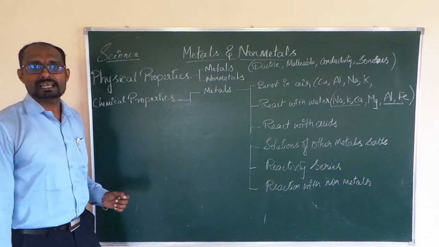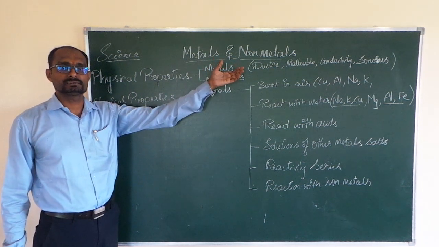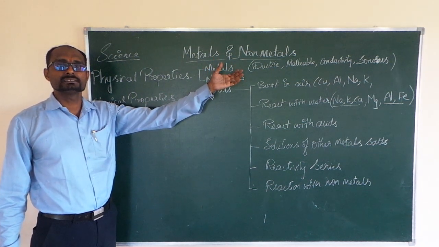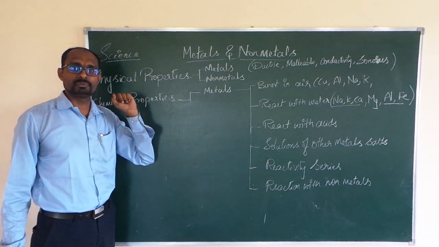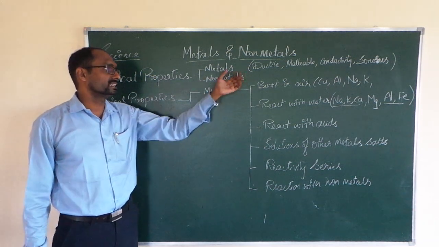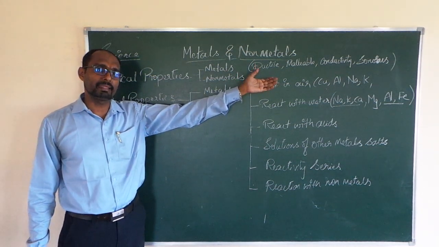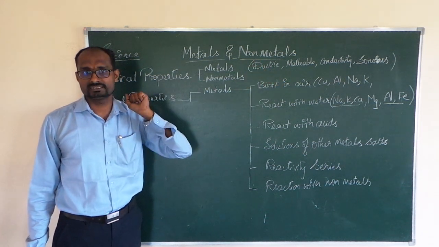In the previous class when we started discussing metals and non-metals, we learnt the physical properties of metals and non-metals. We discussed properties such as ductility, malleability, conductivity and being sonorous.